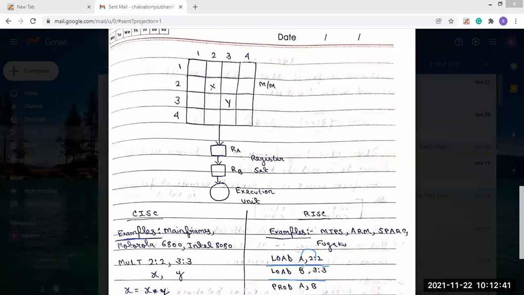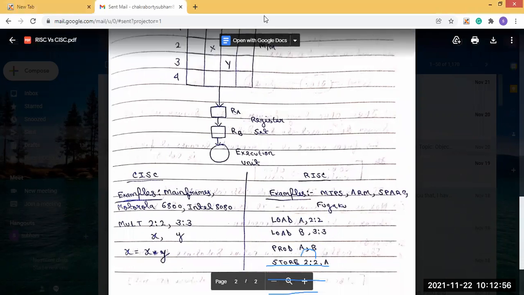That means the Y value will be transferred to the B register. After that, we will multiply A and B. Now in the A register and B register, the values are already stored.